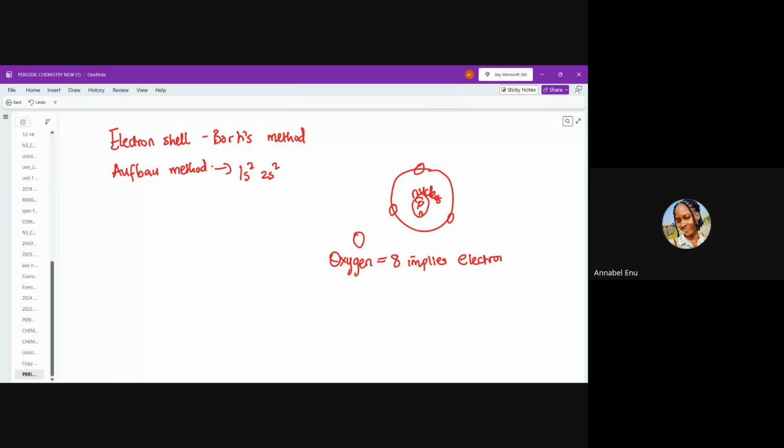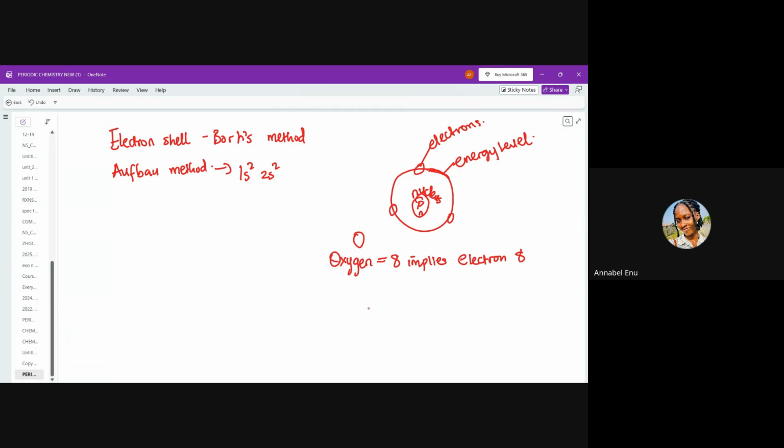So when we are drawing the electronic configuration, we are dealing with electrons, right? So we are drawing the 8 electrons of oxygen, and we want to do that according to Bohr. Remember I said this circle here is called an energy level, and these dots here represent electrons.